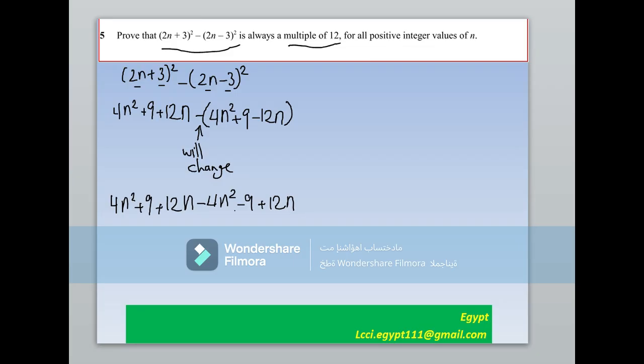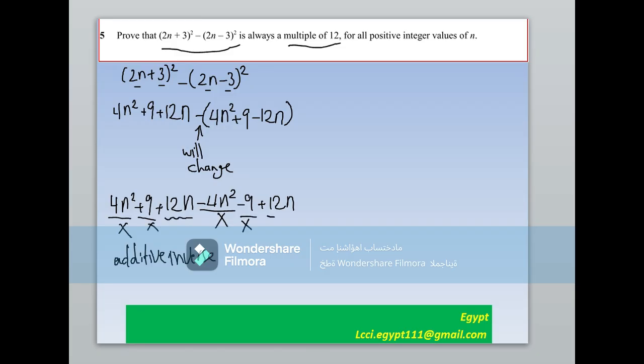Look carefully, positive 9 and negative 9 are additive inverses, the sum equals 0.